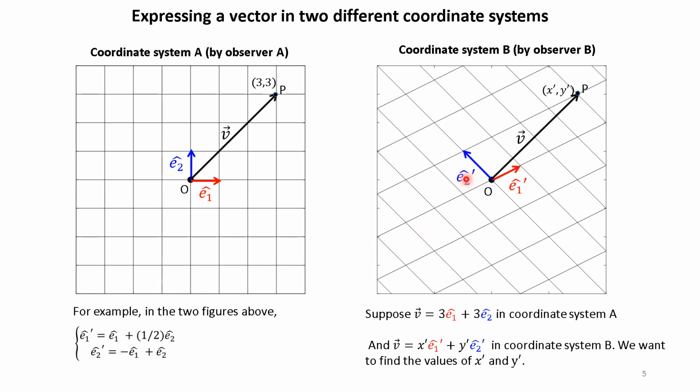If you put these two new unit vectors into our original coordinate system, that means putting this e1 prime in here and this e2 prime over here, and express e1 prime and e2 prime in terms of our basis vectors, then you find these relations. E1 prime is going to the right, but also a little bit up, so it is given by e1 hat plus 1/2 e2 hat.